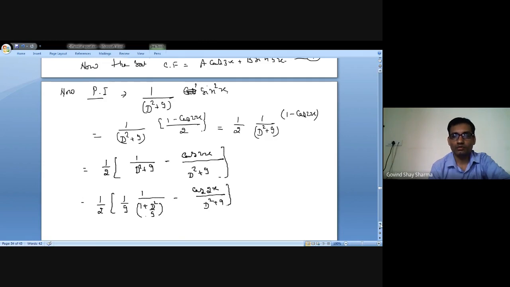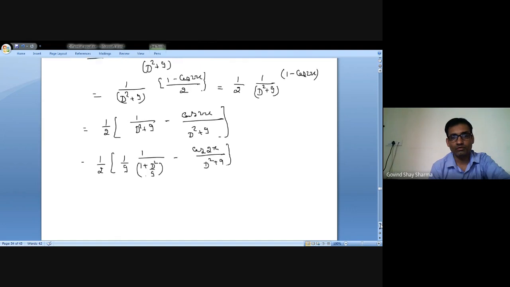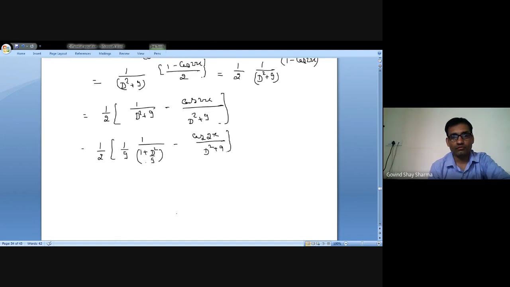Okay. So now we will say 1 by 9, (1 plus D square by 9) inverse, 1 minus cos 2x upon D square plus 9.